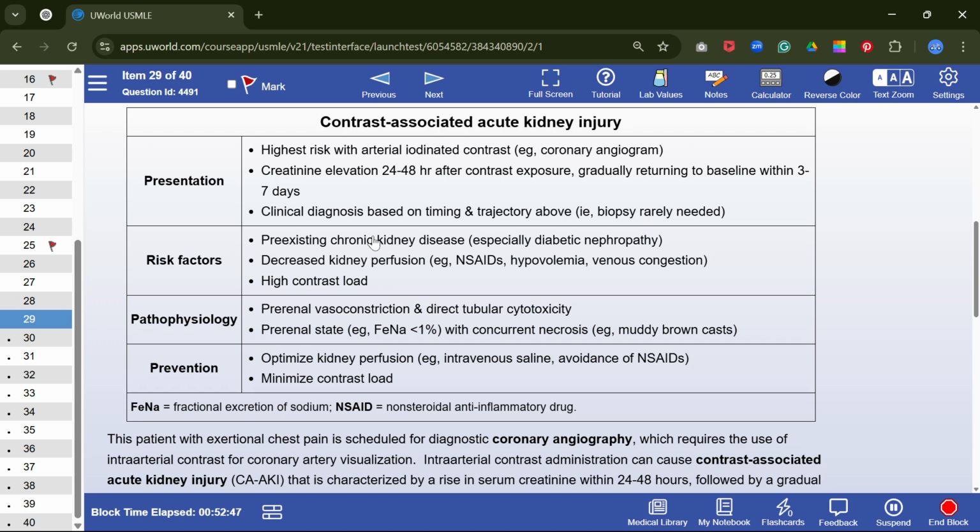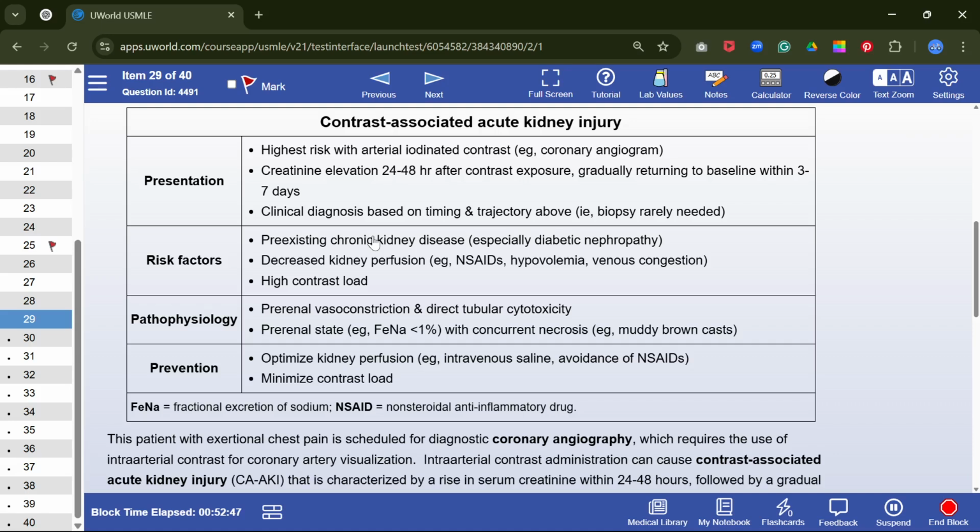Biopsy rarely needed. Risk factors are pre-existing chronic kidney disease, especially diabetic nephropathy, decreased kidney perfusion in settings of hypovolemia, venous congestion, and high contrast load.